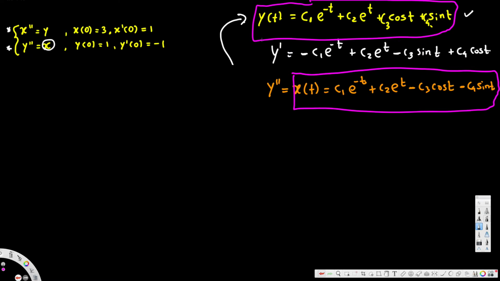It means when the time is 0, this is equal to 3. Let's grab this x function. We solve for x of t is equal to c1 e power negative t plus c2 e power t minus c3 cos t minus c4 sin t.